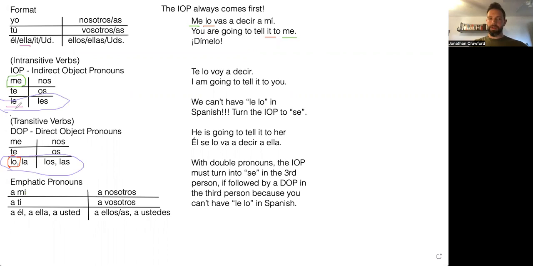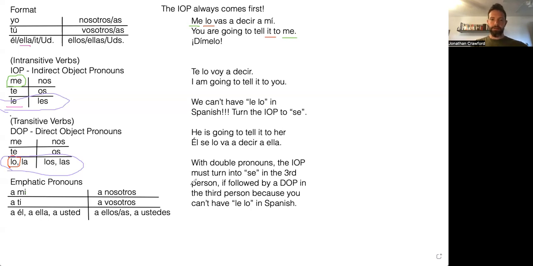And so it's not really that you can't have le lo. You can't have le los. You can't have le las. You can't have les lo or les la or les los or les las. You can't have any combination of an indirect object pronoun in the third person being followed by a direct object pronoun in the third person.